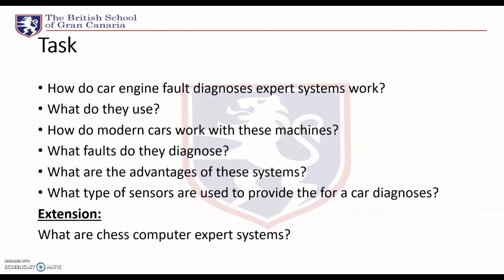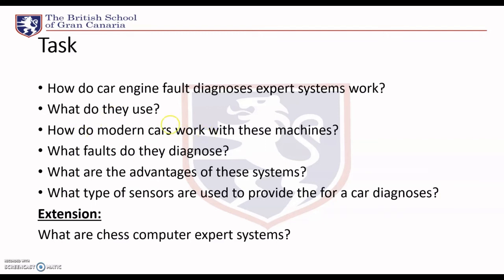Now, what you're going to do is search for a car engine fault diagnosis expert system. There are loads on the internet that you can look at, and you're going to look at what they use. Do they use a knowledge base? Does the user have to put in information?